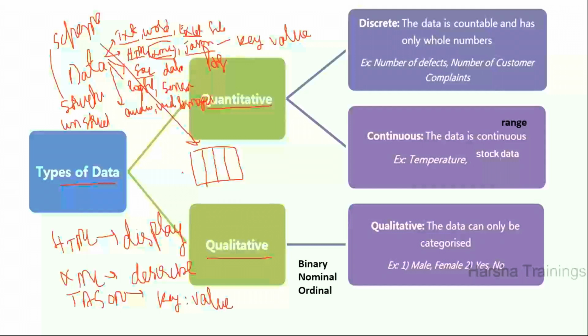If you store the data in the form of tables, we follow all ACID properties. So whatever data I store in databases or tables will be structured. Will you agree? And spreadsheets also, whatever data I store in spreadsheets will also be structured.